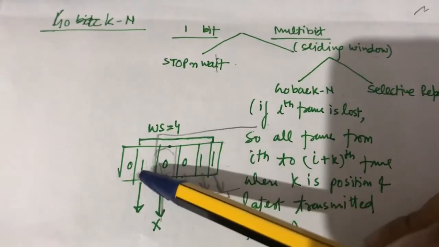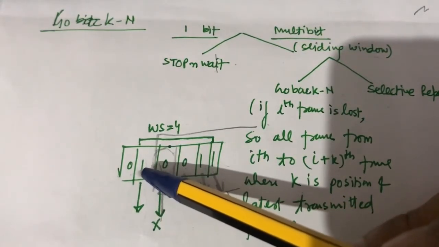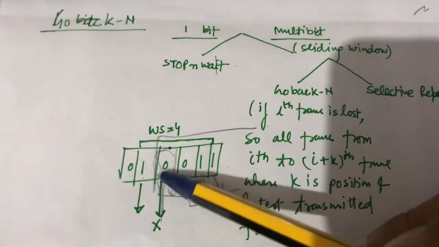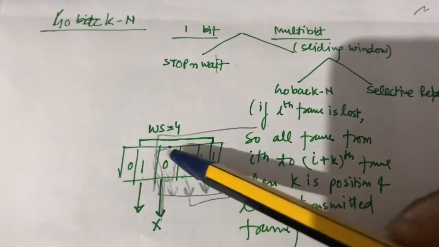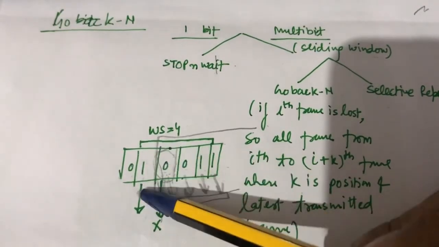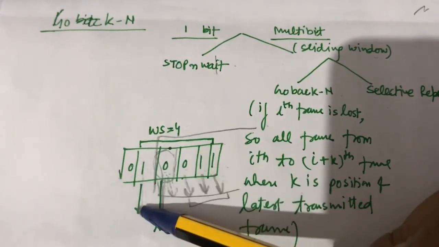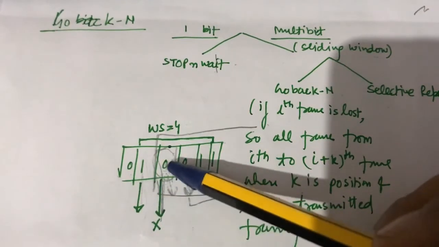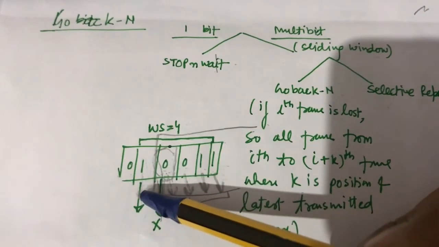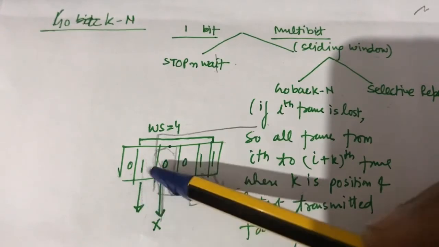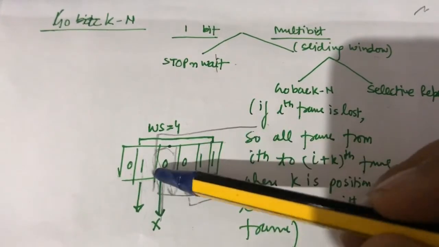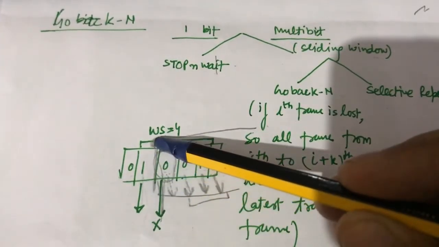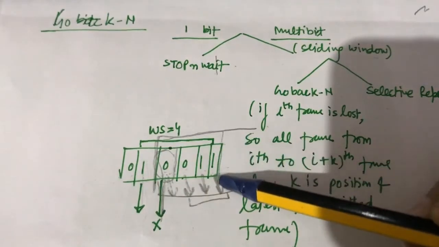So the window size of 4 now covers the next frames. Again we transmit this frame, and if it is received by the receiver successfully, again the window is updated from this to this.